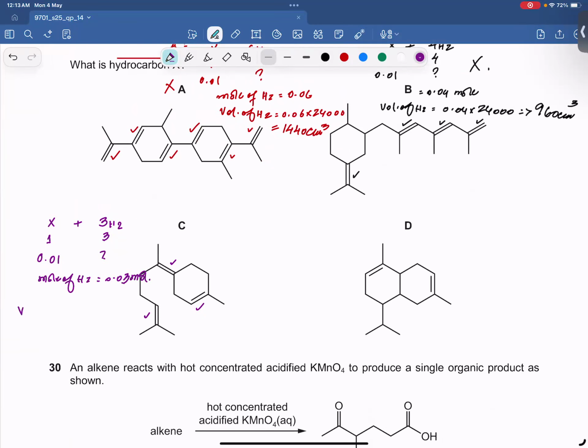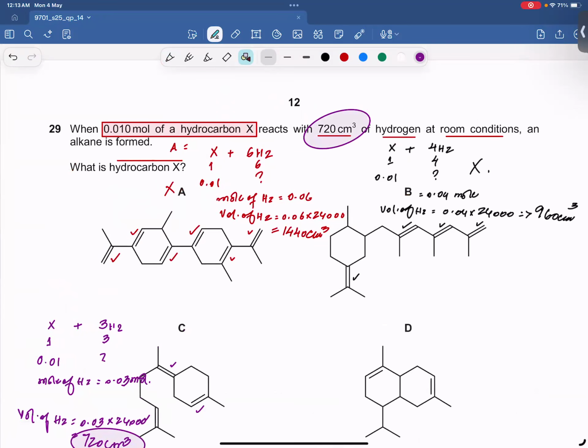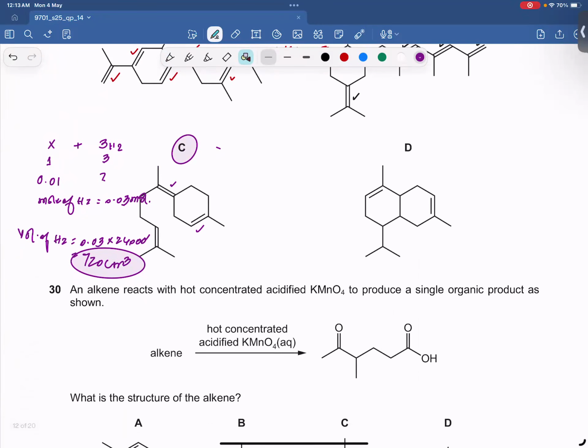Let's find the volume. 0.03 into 24,000 cm3. It's going to be 720 cm3. और आप नोट करें ये 720 cm3 is given in the question. Match कर गई value, which is why C is going to be the right answer. C is going to be the hydrocarbon of X. Okay. I hope it makes sense to you.